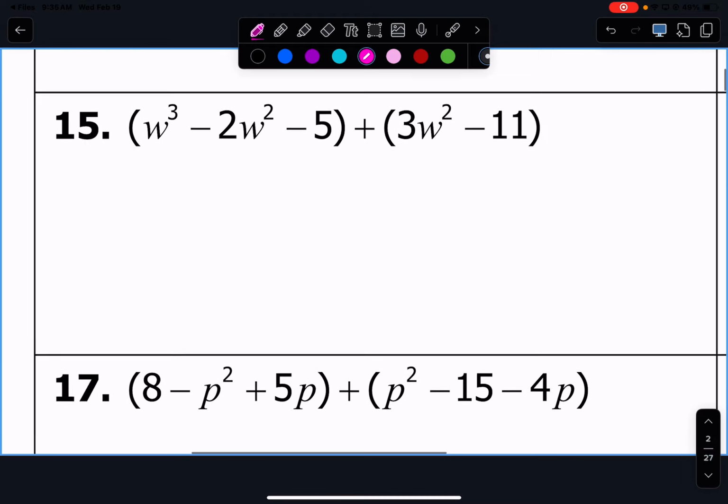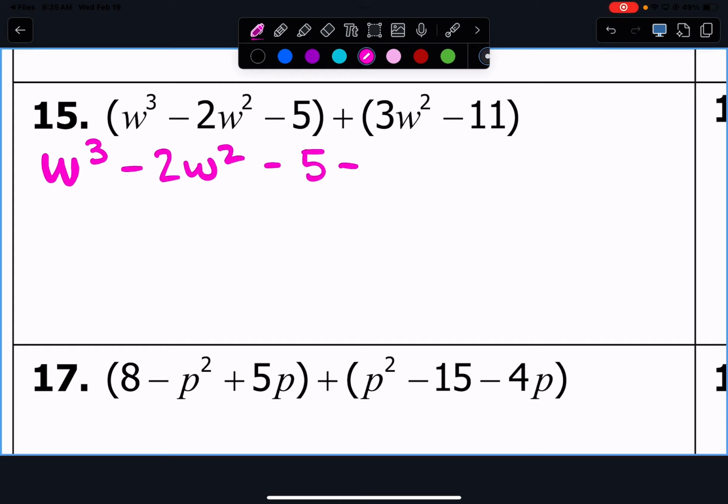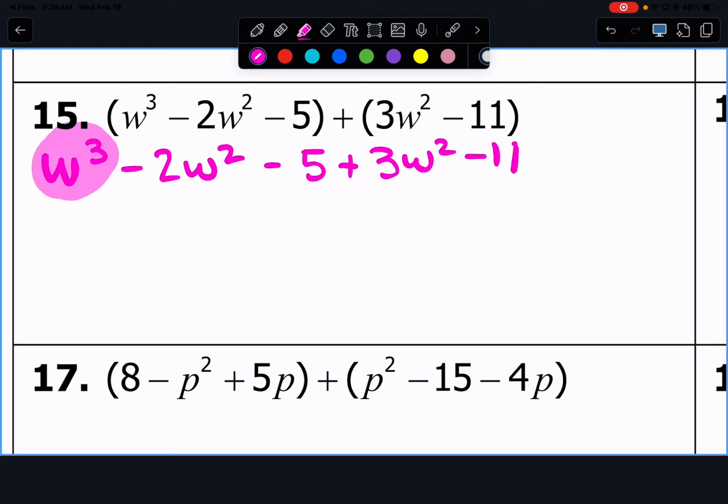For 15, again, we're adding. So do our signs change at all? Nope. So I just bring everything down. What like terms can I combine? But before that, what do I have to do first? w to the third. Does it have any friends? So we just bring it down.